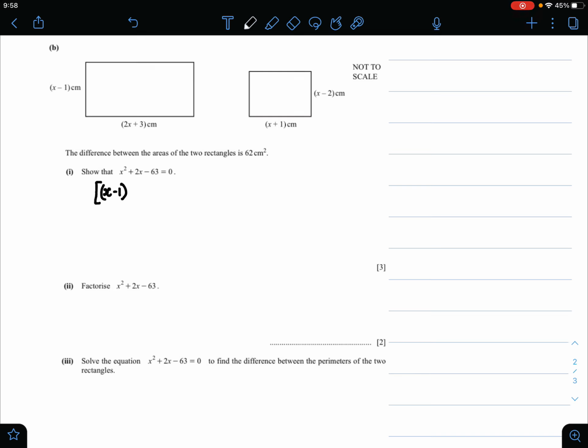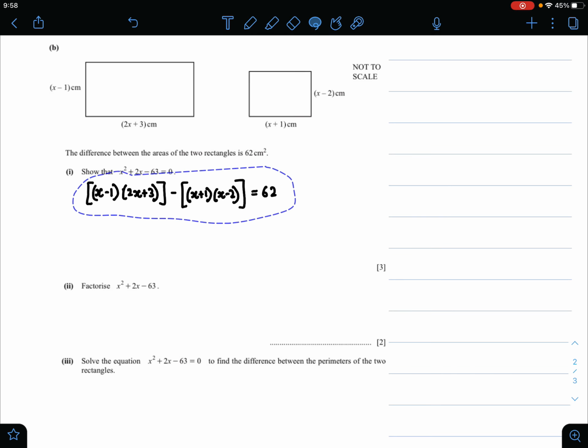So in the first case it would be x minus 1 multiplied by 2x plus 3, and they are telling us that the difference is 62, so minus the area of the second rectangle, x plus 1 multiplied by x minus 2, and this would be equal to 62 centimeter square.